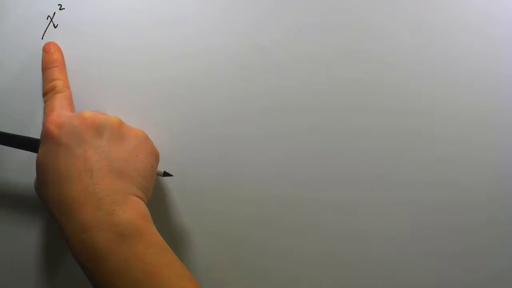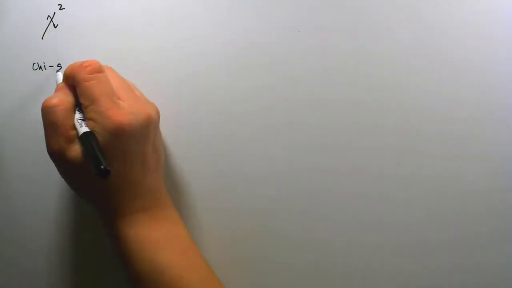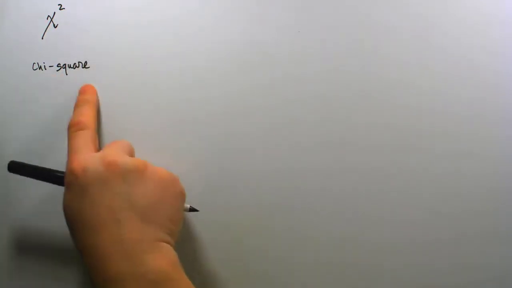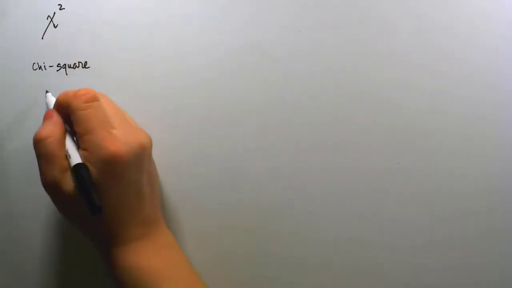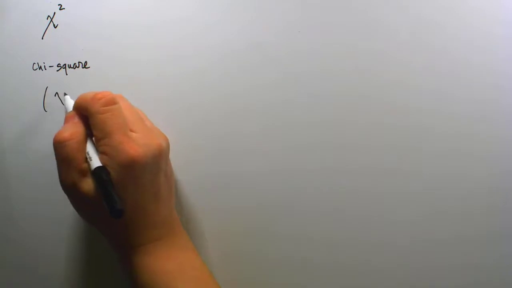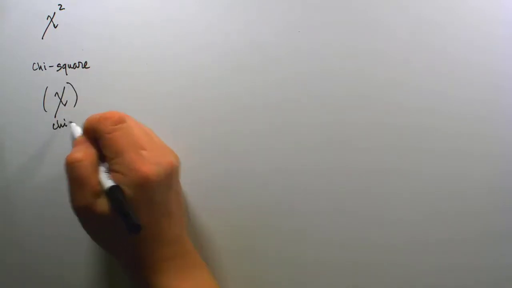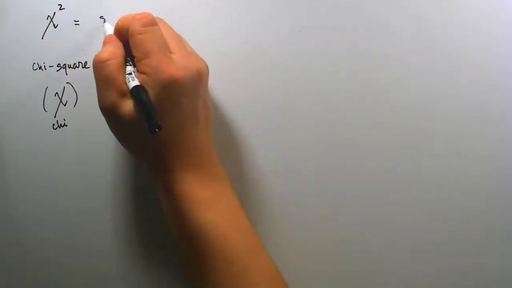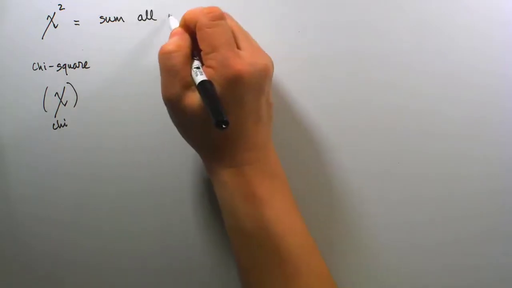You can just hop onto the internet and type in the name chi-square, and there will be a website that shows you how to draw this symbol successfully. That symbol is called chi-square because the symbol itself is called chi. So this is chi. And so to calculate chi-square, we're going to sum. The generality here is to sum all components.